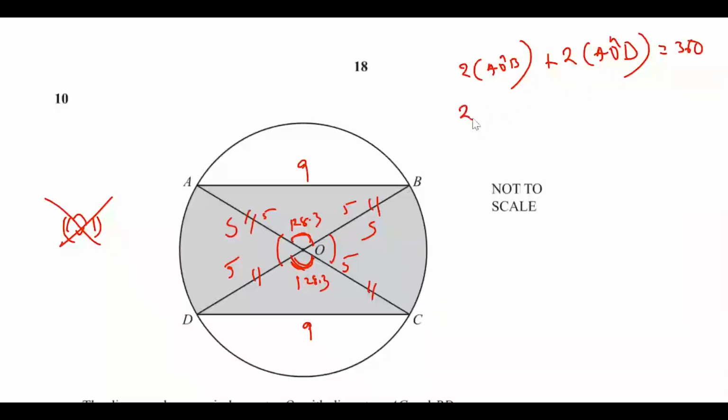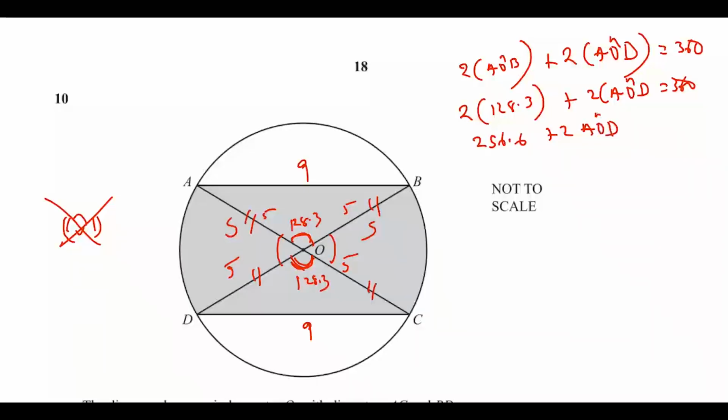So I can say 2 into bracket 128.3 plus 2 into AOD equals 360 degrees. So if you input the product of this, that would be 256.6, plus 2 AOD, equals 360 degrees.